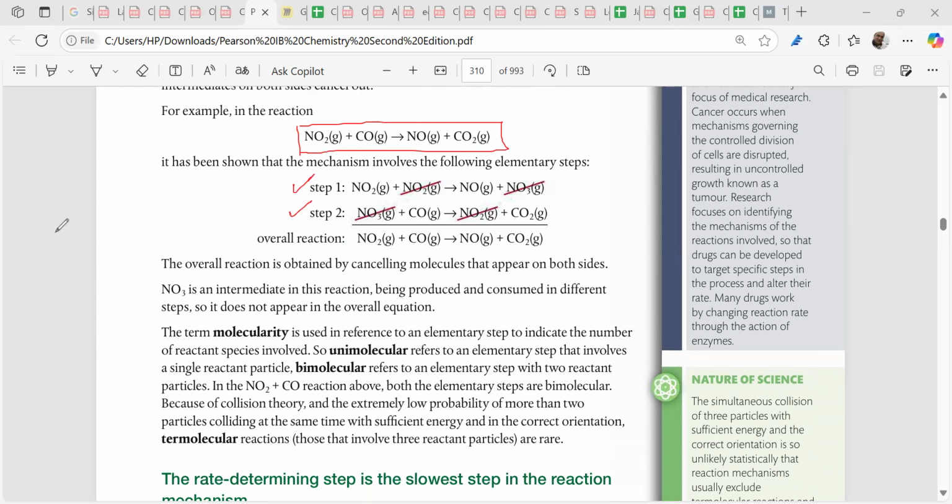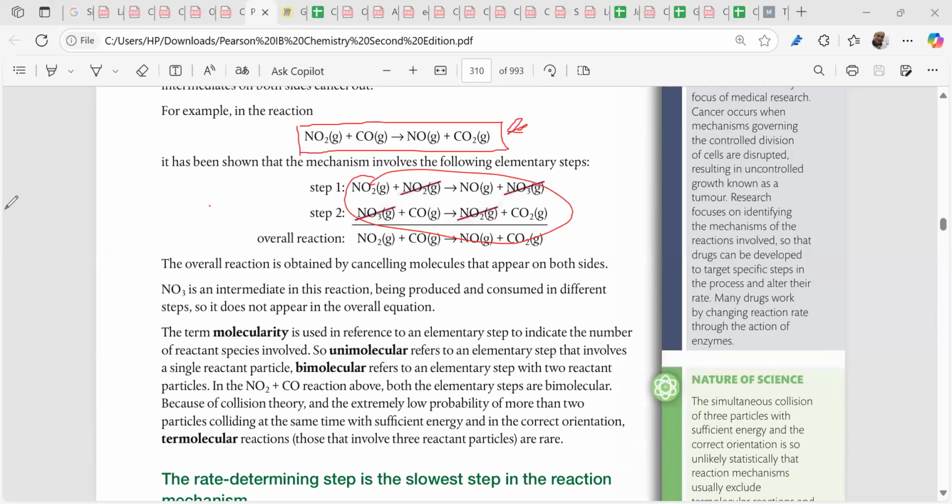Now, how do we find the intermediate? It is the species which is not shown in the overall reaction. Can you tell me which species are in the steps but not in the overall equation? Those are the intermediates.